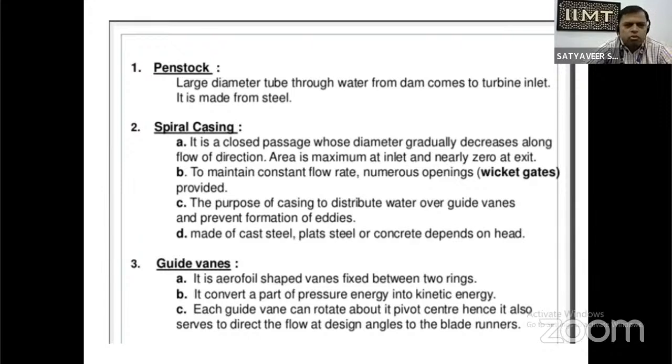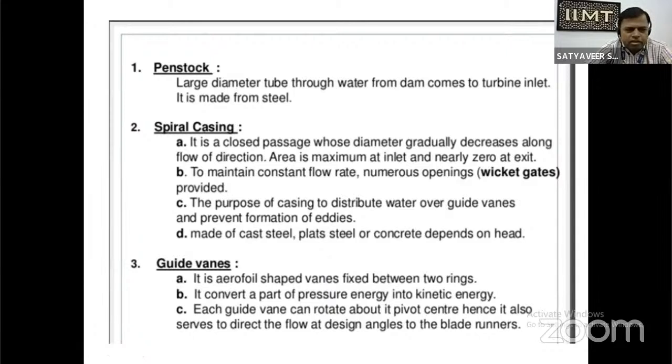The purpose of the casing is to distribute water over the guide vanes and prevent formation of eddies. The casing can make the chamber airtight or watertight. The spiral casing is generally made of cast steel, and it is also made of concrete.